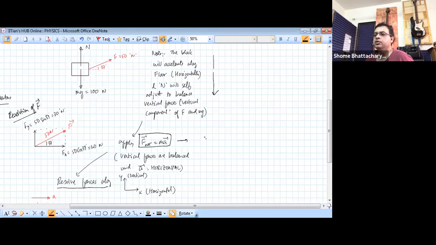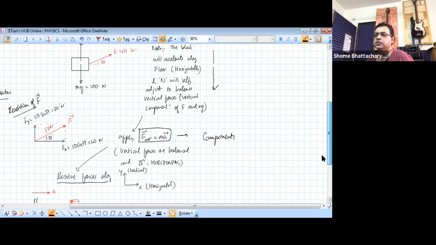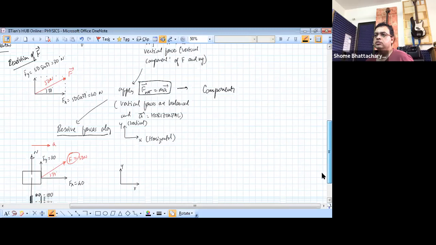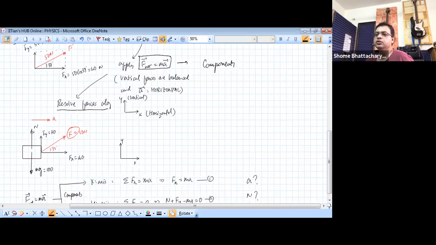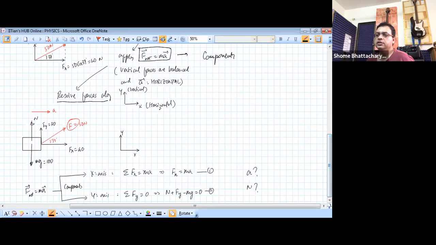I've shown in the next step below how we'll take components. The other two forces, mg and normal reaction, don't need to be resolved because they are already along the y-axis, positive y and negative y. But F we have to resolve. So we have resolved the force F into the two components Fx and Fy, the x component and the y component.